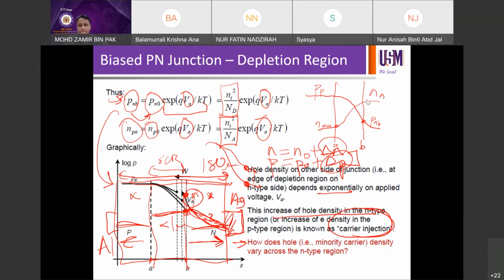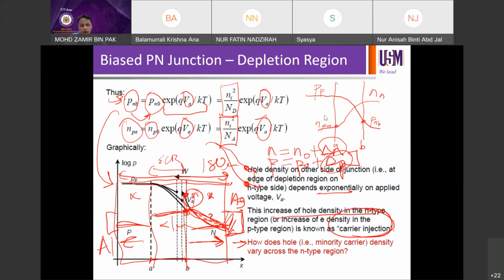Forward bias puts the minority carriers from the neutral material. Let's say holes from P type, they will diffuse through the junction and go to the opposite material, which is the N type.